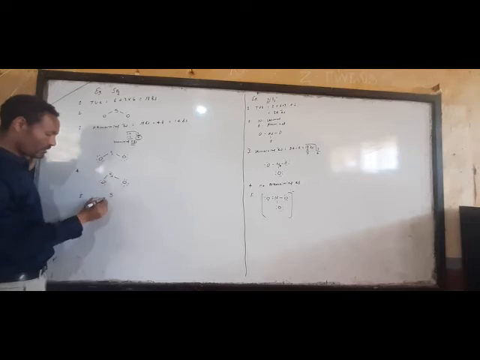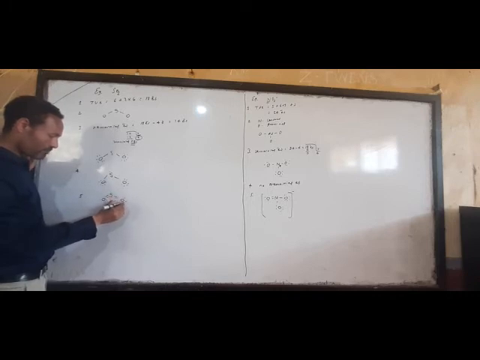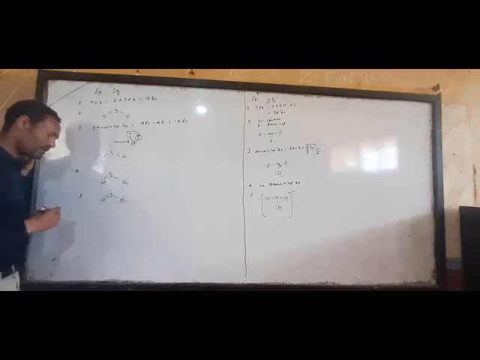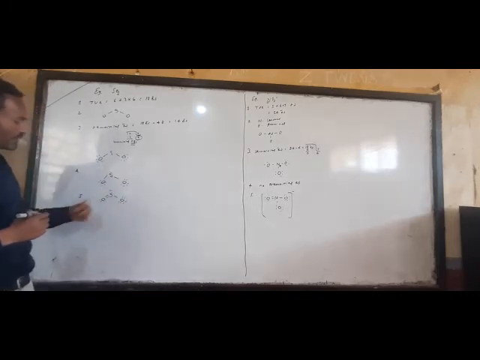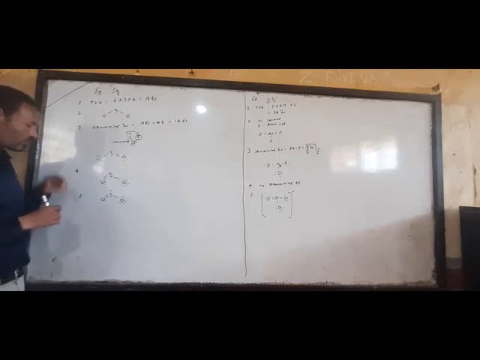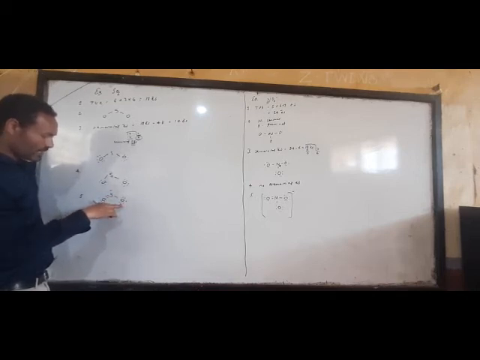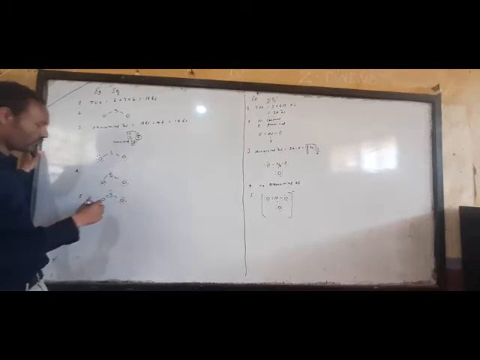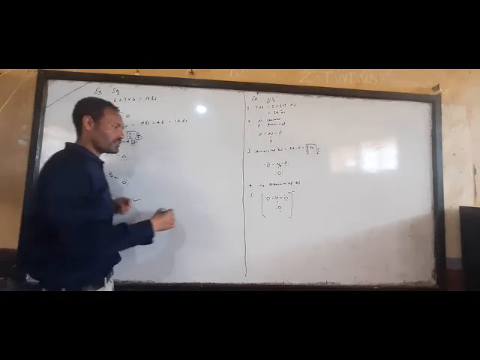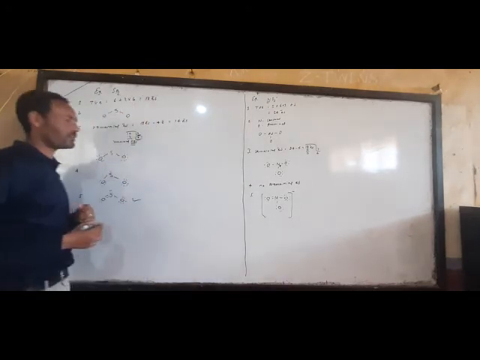So now let's make a multiple bond with this oxygen atom. Now we should check whether the octet rule is fulfilled or not. Oxygen already has 8 electrons here. This oxygen has 8 electrons, and sulfur also has 8 electrons. The octet rule is fulfilled. So this is the correct Lewis structure of the molecule.